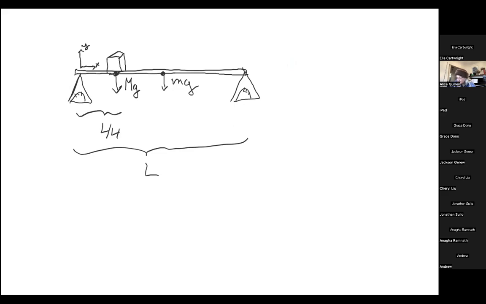So we're looking at the forces and the torques on the beam. We'll assume that the box is like a point mass, and the scale gives a force upward on the beam, so we'll call that FR because it's the right scale, and then the left scale FL. If we didn't have the box on the beam, then FL would be equal to FR because it's exactly balanced, since the scales are touching the ends of the beam.